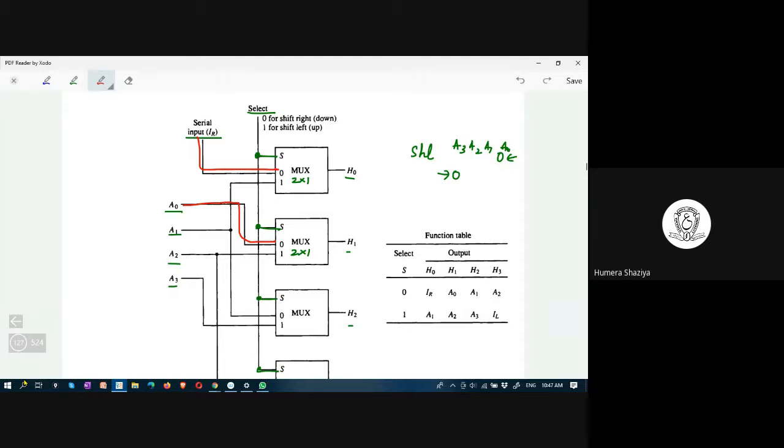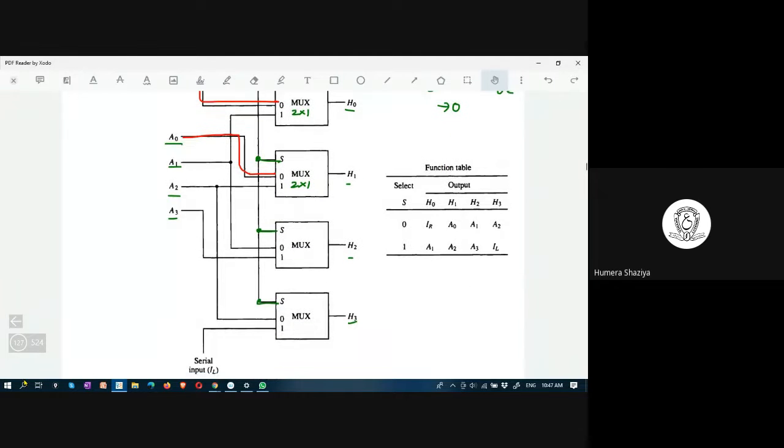You check 0, and then A1, this is right shift, and then A2. Okay, this is right shift. And then left shift means what?